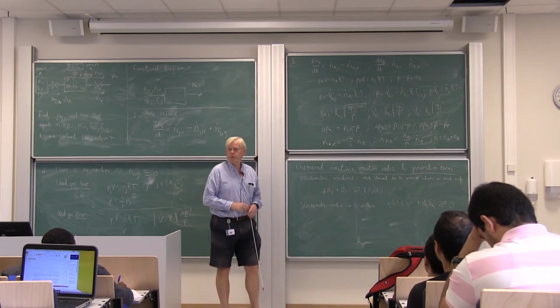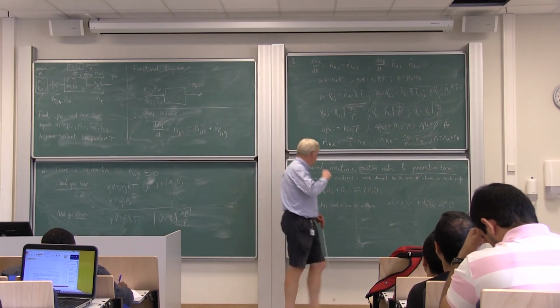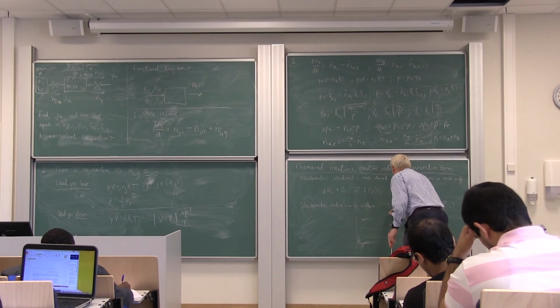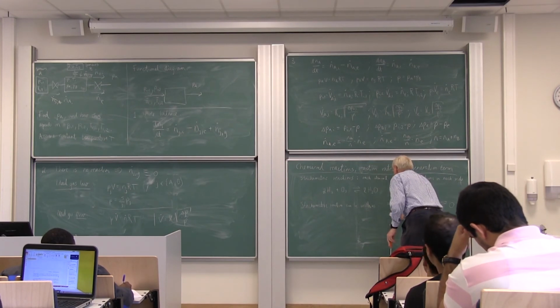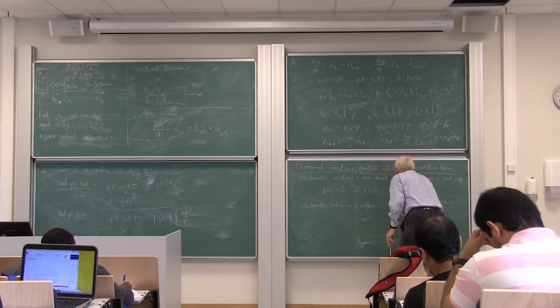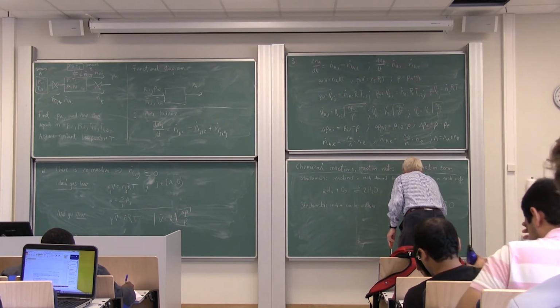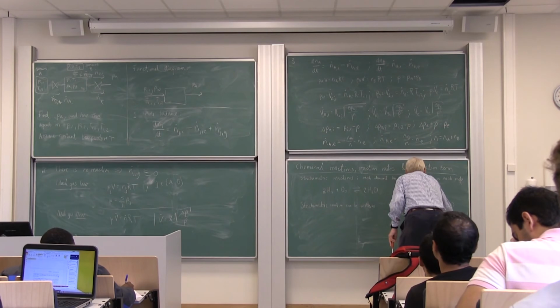And of course, if you compare this to this equation here, you see you have 2H2 plus O2 minus 2H2O, like this.